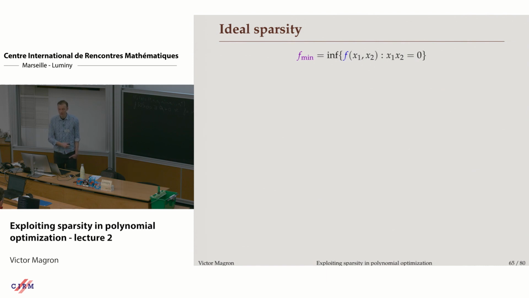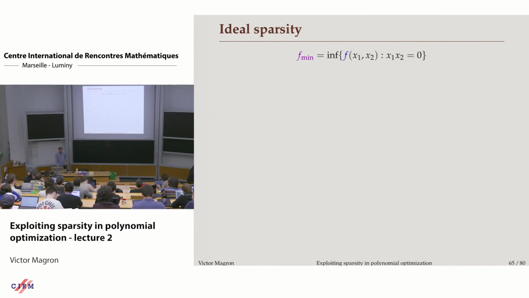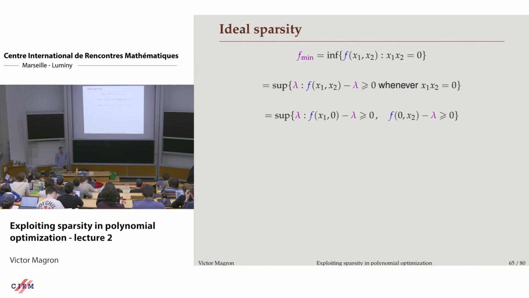I want to minimize a problem in two variables, and I know that x1 or x2 is 0. Then I stupidly rewrite that as a sup. I want the best lower bound of f whenever one of the two variables is 0. And then you can do a case analysis, right?